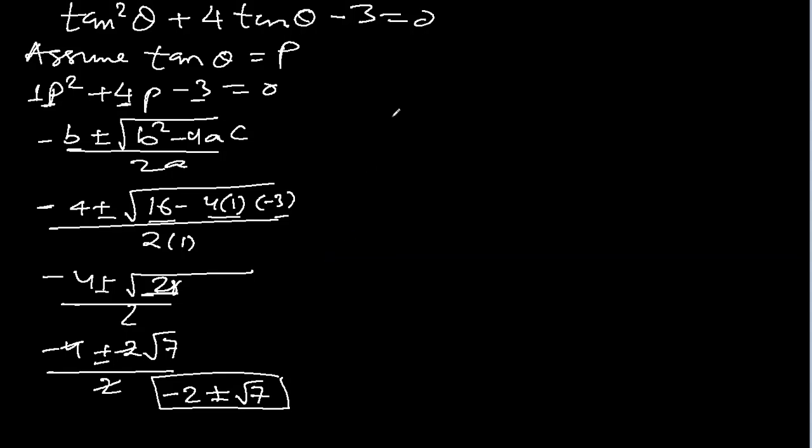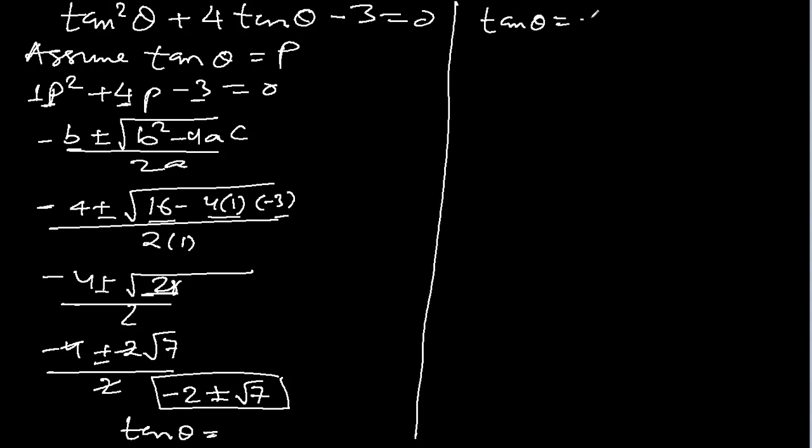That is the value of p, and that is the value of tan theta, right? So tan theta will give us 2 values now. Tan theta equal to minus 2 minus square root 7, and the second one will be minus 2 plus square root 7.